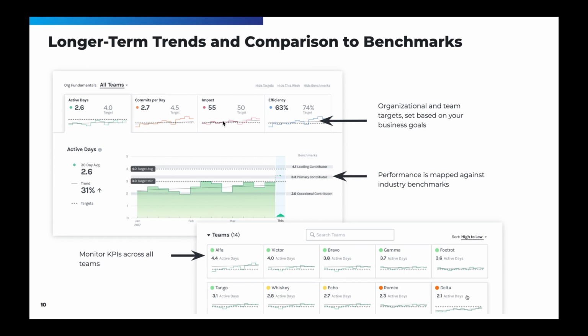Impact, this is a proprietary metric of Git Prime's. We don't typically cover it on the initial demo call except to say that it measures complexity alongside quantity. One thing to know and always call out, Git Prime is not a line of code counting machine. That's a very archaic and unhelpful way of measuring engineers by simply counting lines of code.